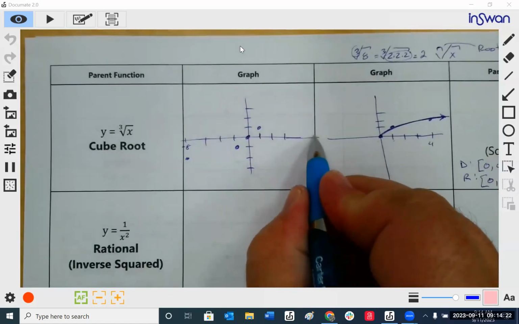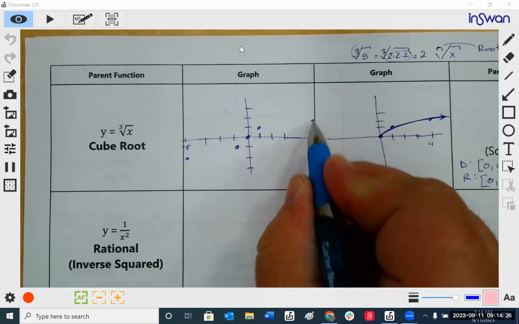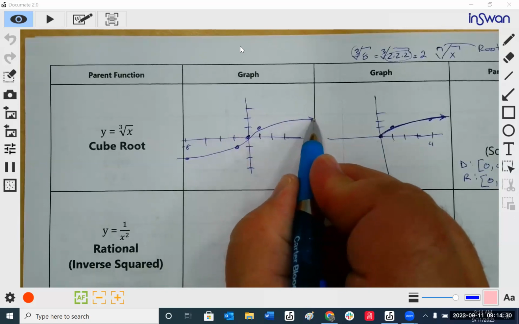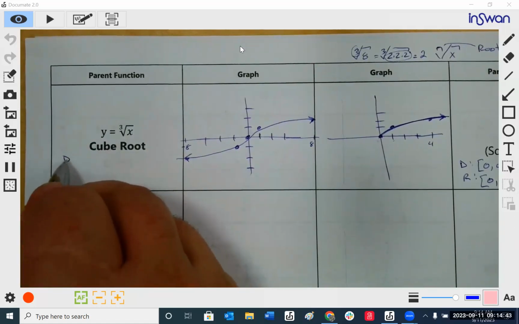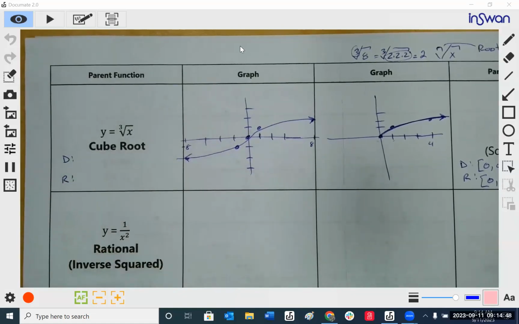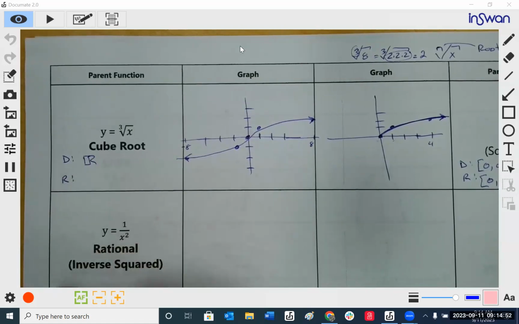When x is +8, y is 2. So this graph looks like this. The domain and the range? Yeah, all real numbers. Same with the range.